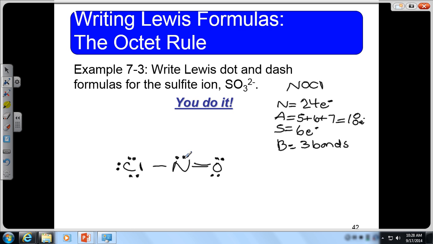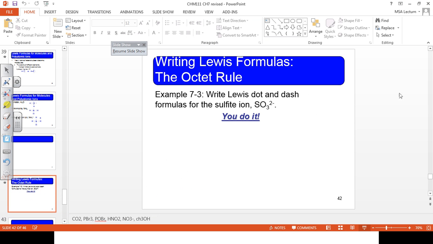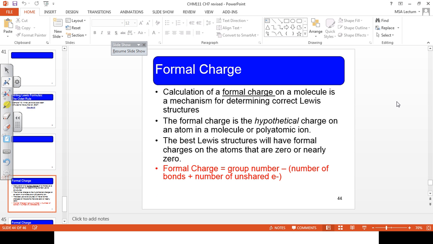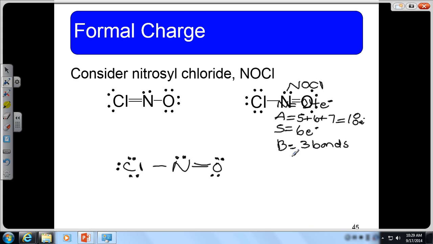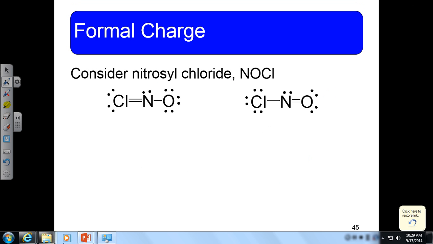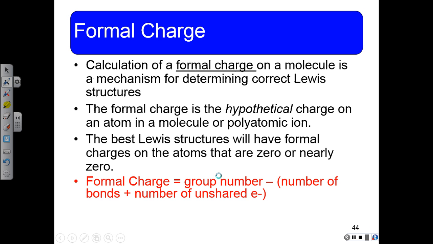One of the worksheets I have on Blackboard, G, is just like it, the bottom one, where you have to decipher which side the double bond goes to.